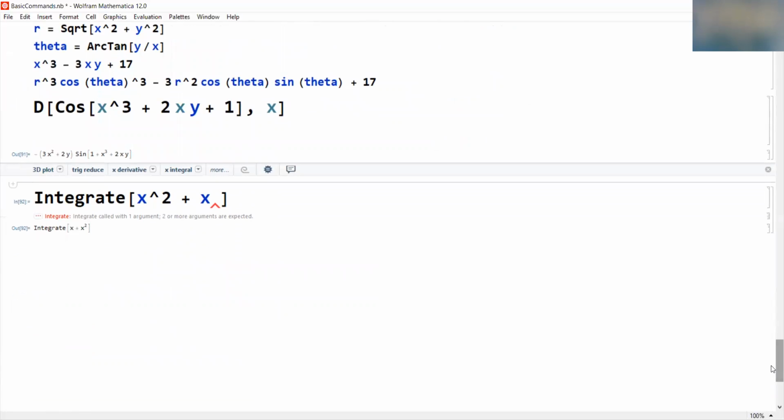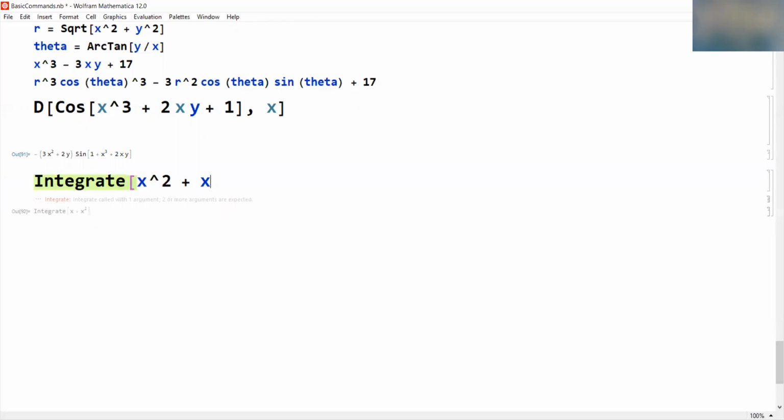Integrate called with one argument, 2 or more arguments are expected. Actually, I tried to write it like this, and then it's putting in that red arrow. It's basically trying to tell me I'm forgetting something. You need to integrate over something. Or I could do the indefinite integral.